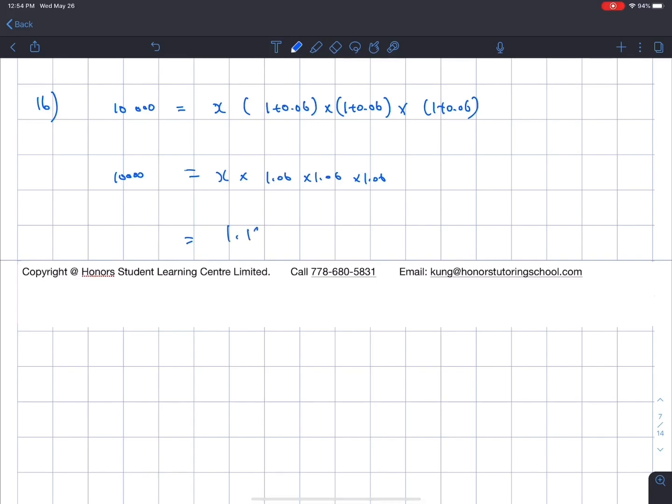We get 1.191016X equals 10,000. And then we divide both sides by 1.191016. We get X equals 8,396.19.